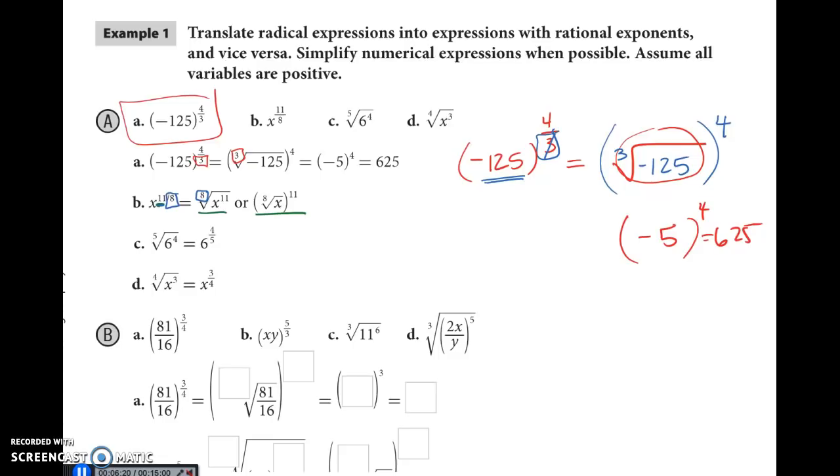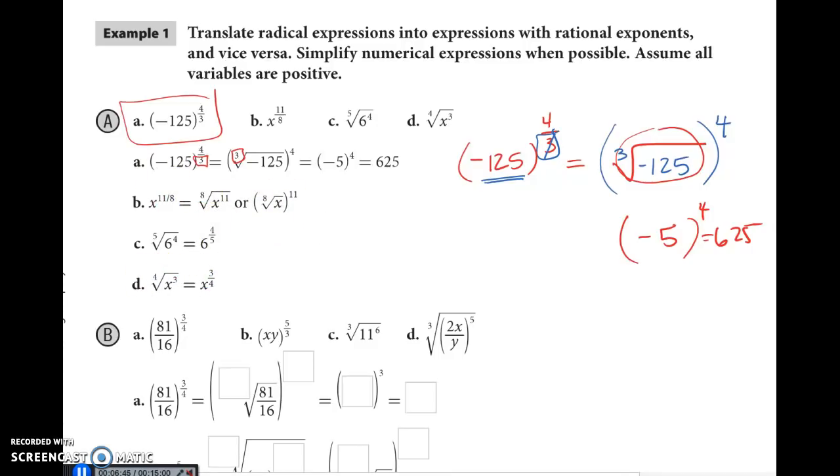If we're rewriting it, remember your index is your denominator and the power or the exponent is the numerator. And then for this one here, index is my denominator and my exponent is my numerator. So we're just rewriting these right now.